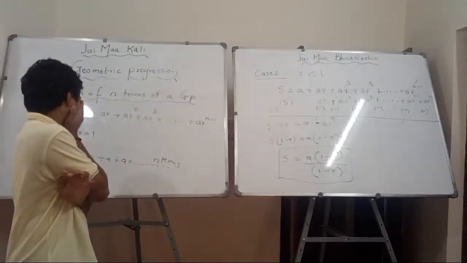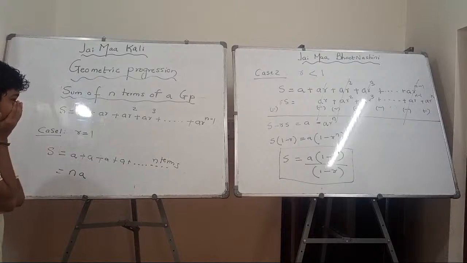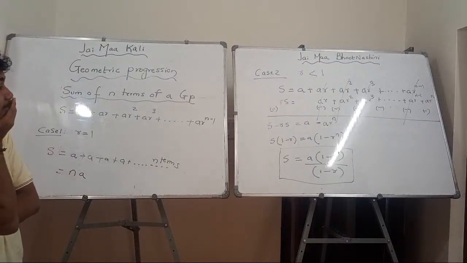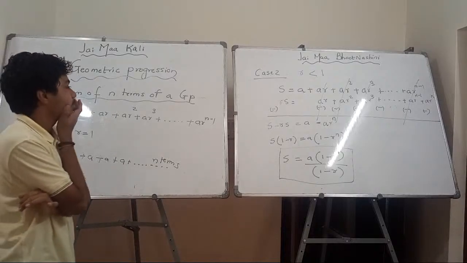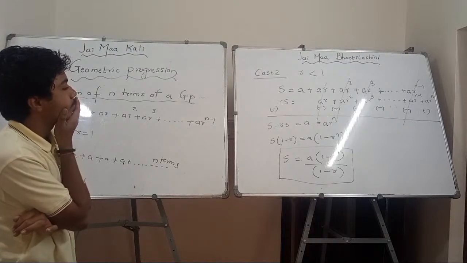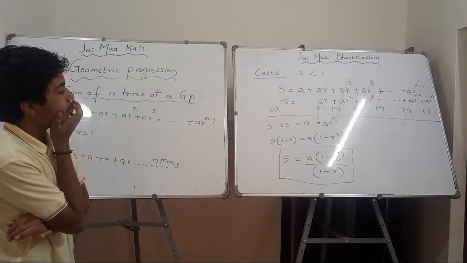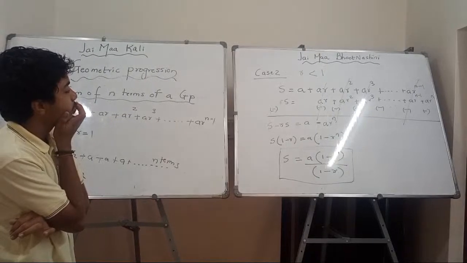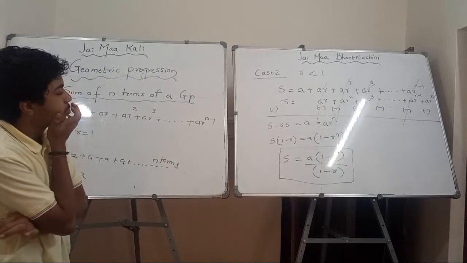Okay, so in the second case, there is a possibility that the ratio is less than 1. So we write down the same expression S is equal to A plus AR plus AR square plus AR cube up to AR n minus 1.